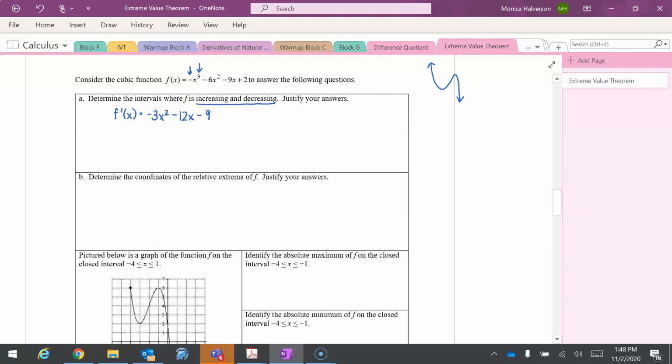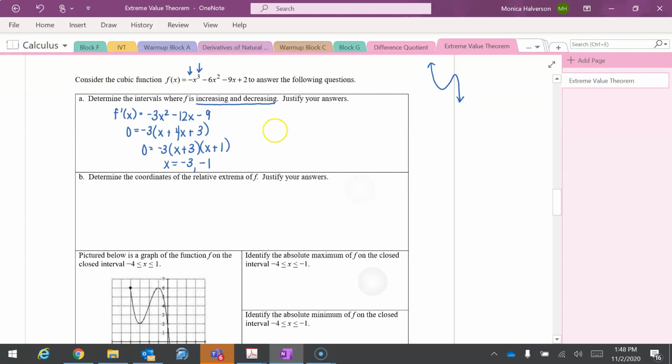Okay? And then we're going to do the first derivative test by setting it equal to 0. We're going to factor out negative 3, the GCF, and when we do that, we get -3(x + 3)(x + 1), which means that our critical values are negative 3 and negative 1.